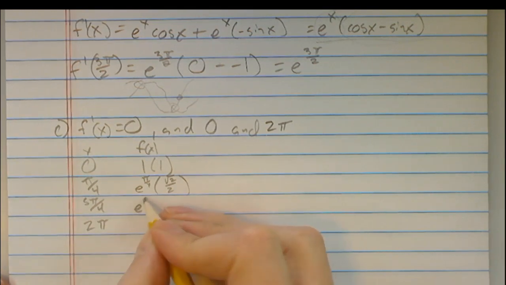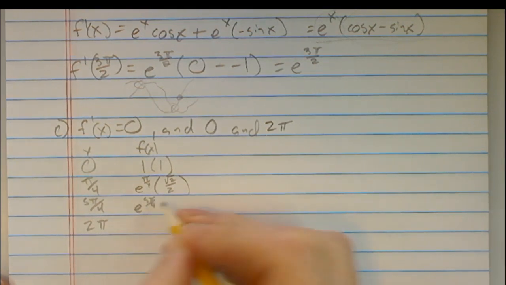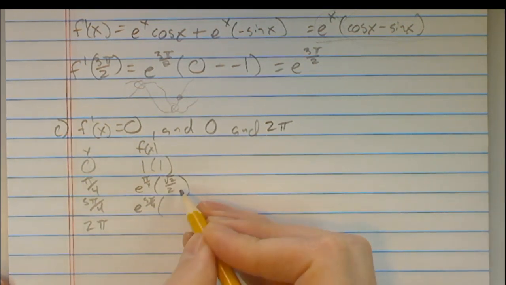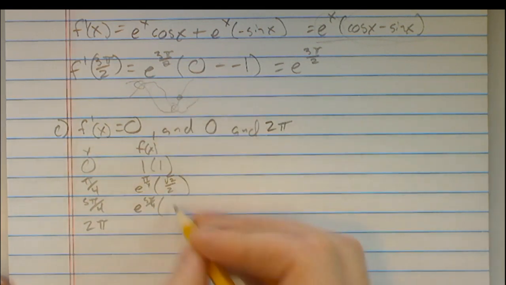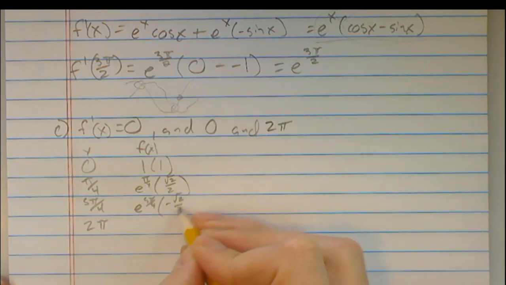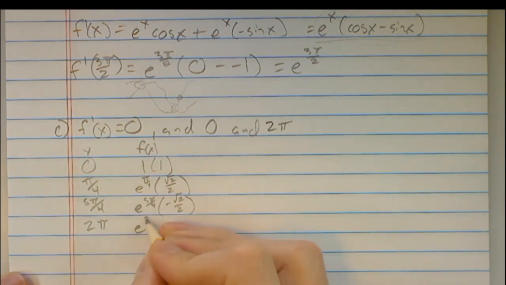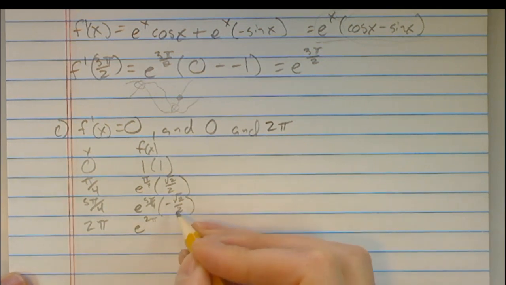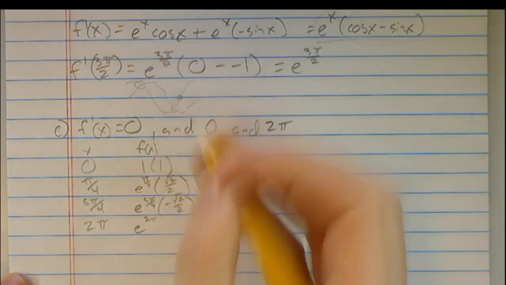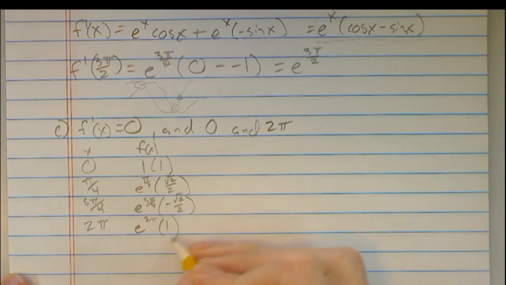E to the 5 pi over 4 times cosine of 5 pi over 4, which is negative square root of 2 over 2. And 2 pi, so we'll have e to the 2 pi, and cosine of 2 pi, which is 1.